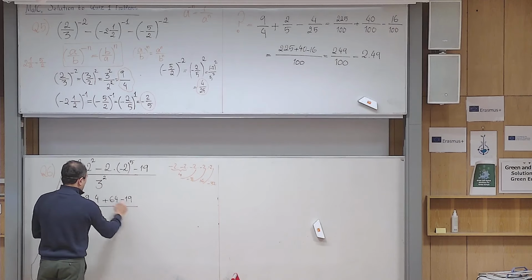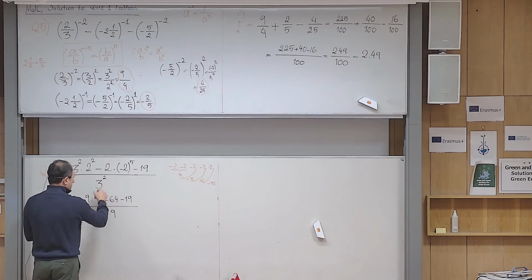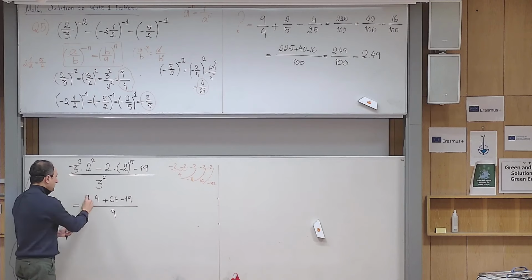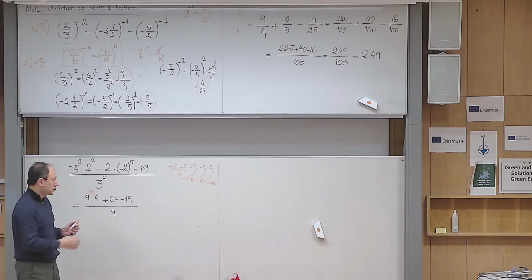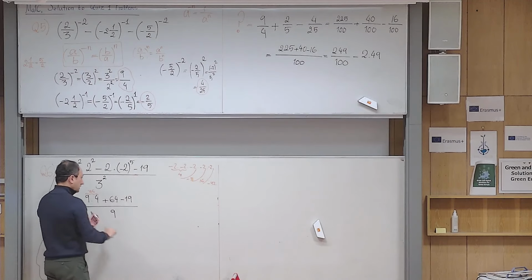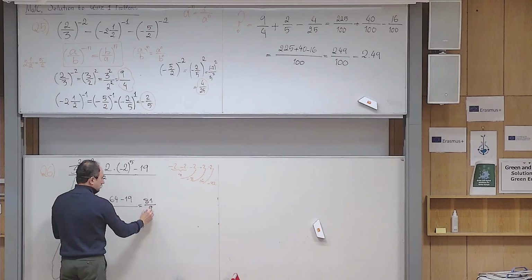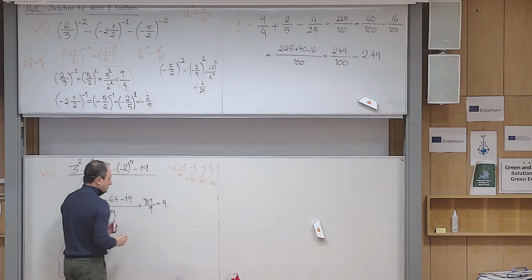For the time being, I can write this to the power 3 to power 2 means 3 times 3. But 9 times 4 is, as I told you before, 36. 36 plus 64 is 100. 100 minus 19 is 81. And 81 divided by 9, extremely simple calculation, it becomes 9.